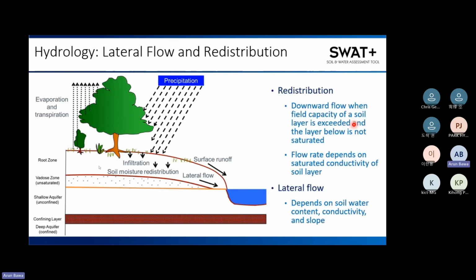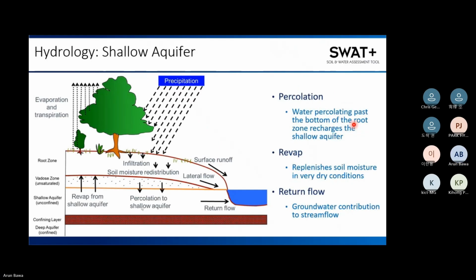Depending on the lateral flow, it may enter back into the stream or go into the shallow aquifer. So when we calculate the water yield, meaning the streamflow into your stream, it would be a combination of surface runoff, lateral flow, as well as return flow from the shallow aquifers. So it would be a combination of all three. This one is after the lateral flow, how much you can percolate, and how much potential there is for return flow to the stream itself.